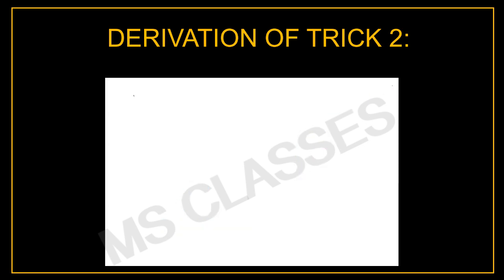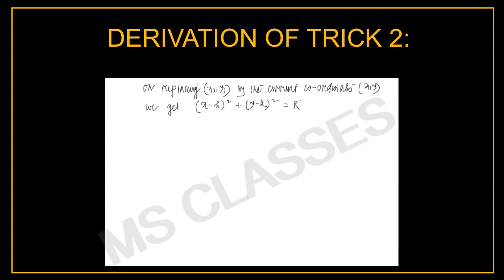So, on replacing x1, y1 by the current coordinate x, y, we get the required locus, which is x minus h whole square plus y minus k whole square equal to r square cos square theta by 2, which is the required locus in the generalized form.